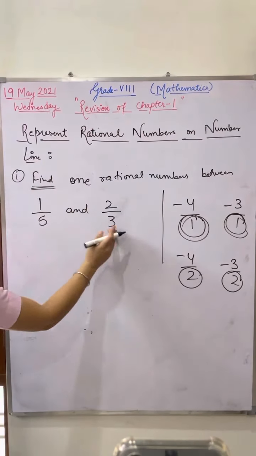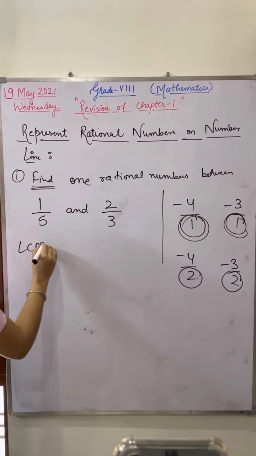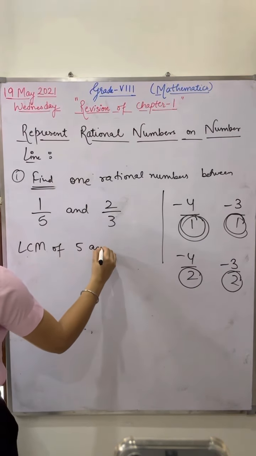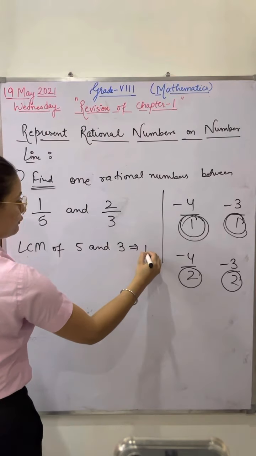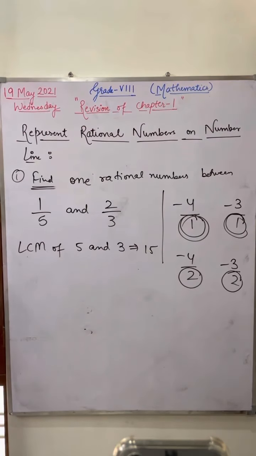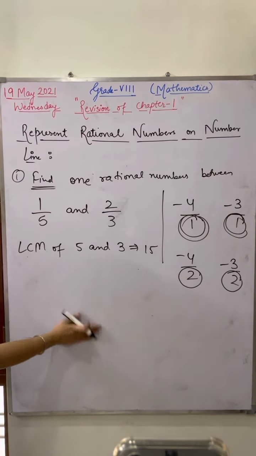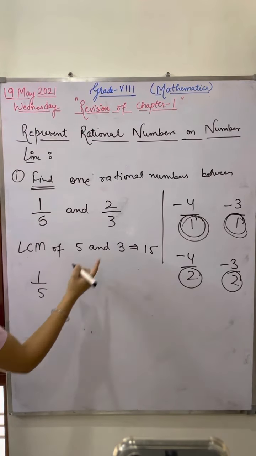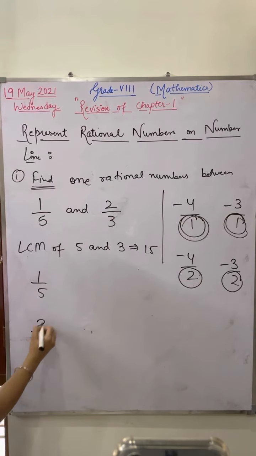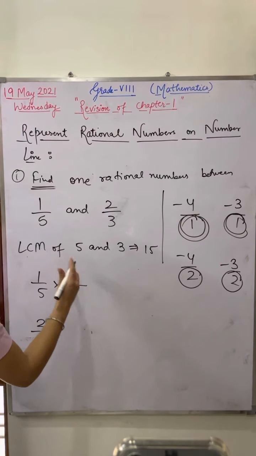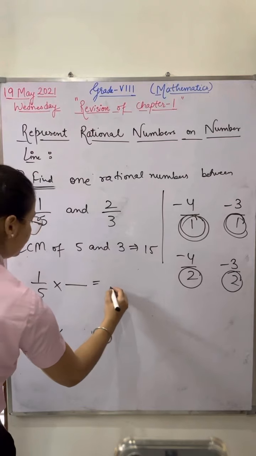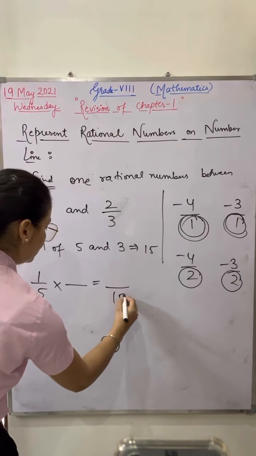If denominators are different, then you have to take the LCM of 5 and 3. That will be 15. Now you have to write in this way: write this 1 by 5 here and 2 by 3 here. Now you have to multiply with which number so that in my denominator I will get 15.